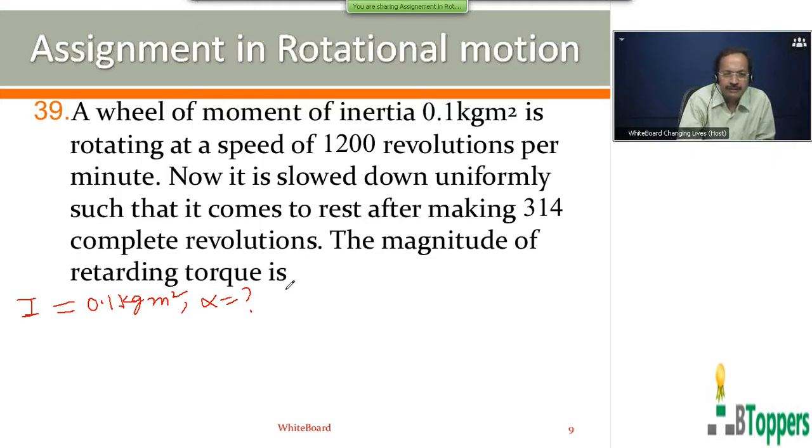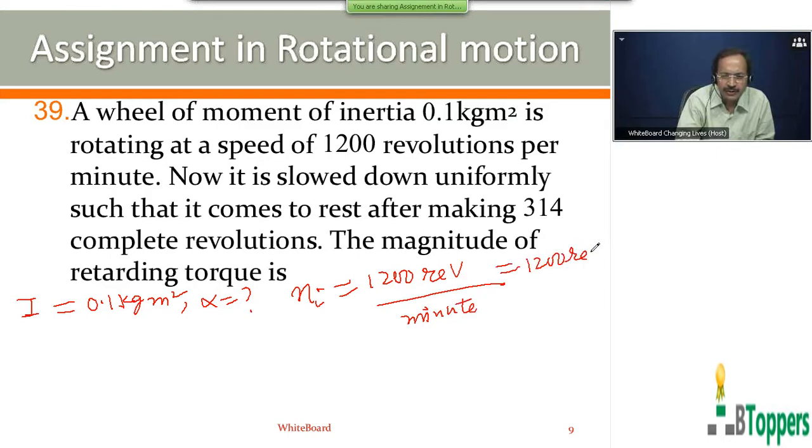So initial frequency of rotation, n_i equal to 1200 revolutions per minute. That is 1200 revolutions by 60 seconds. Or you can take initial frequency of revolution as 20 revolutions per second.